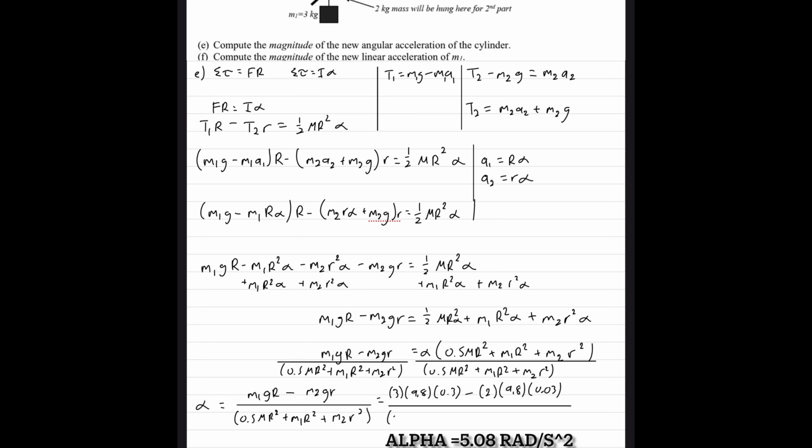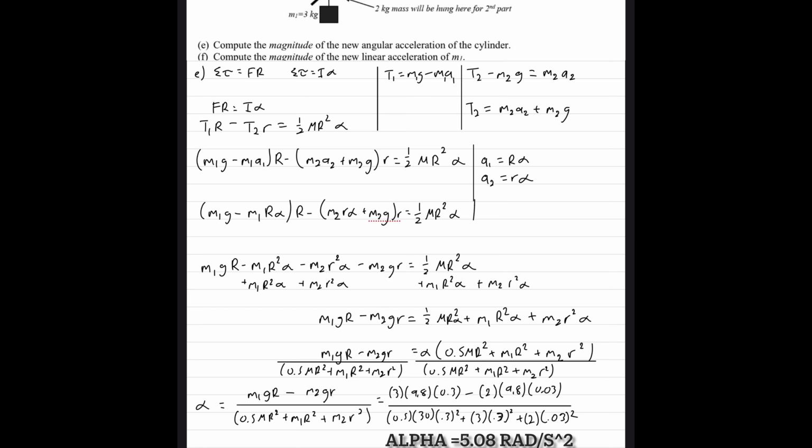0.5 times 30, then 0.3 squared plus 3 times 0.3 squared plus 2 times 0.03 squared.